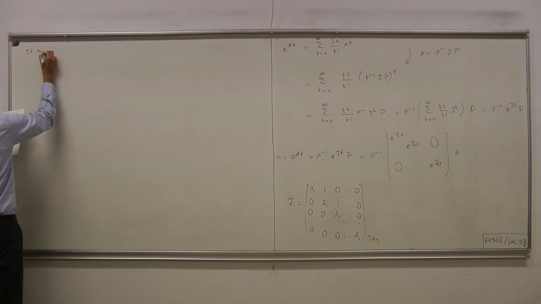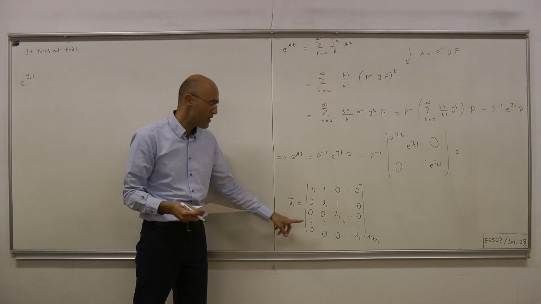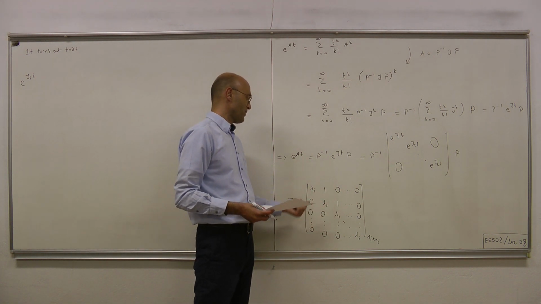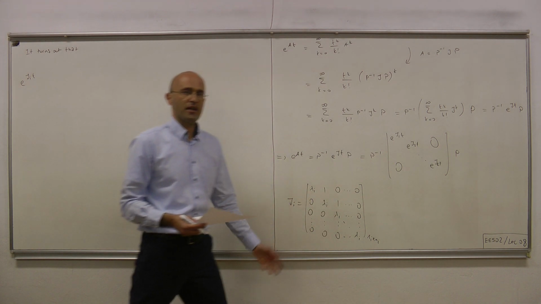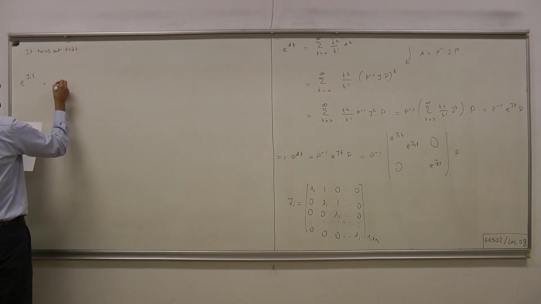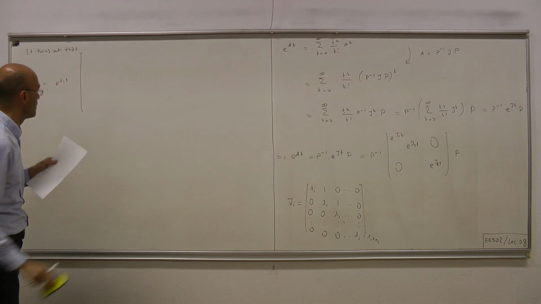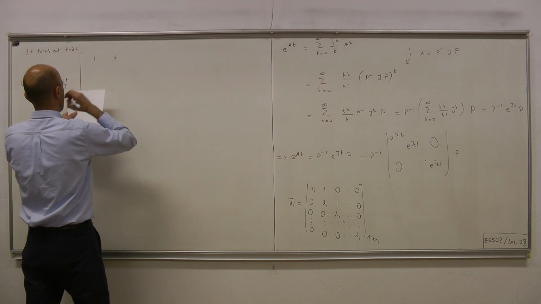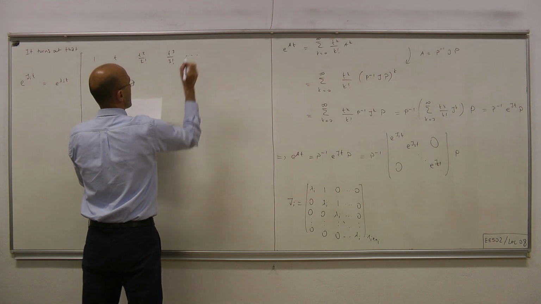Now it turns out that e to the Ji t, where Ji is the ith Jordan block of our Jordan matrix and has this very special structure, with lambda i's on the main diagonal, where lambda i is one of the eigenvalues of the A matrix, and ones on the superdiagonal, and all the remaining entries are 0, equals this scalar e to the lambda i t multiplying a matrix of very special structure: 1, t, t squared over 2, t cubed over 3, and so on.